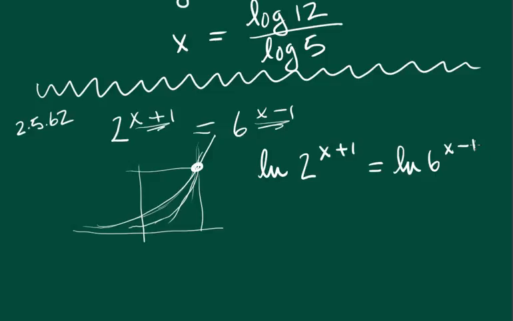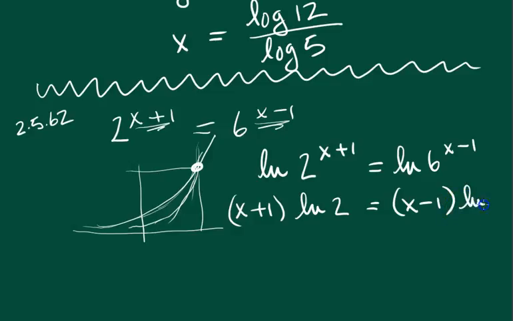There's no reason to prefer natural log over log base 10. Okay, out comes the exponent. So I have x plus 1 times the log of 2 is equal to x minus 1 times the log of 6. Okay, well, this means that I have some algebra to do.